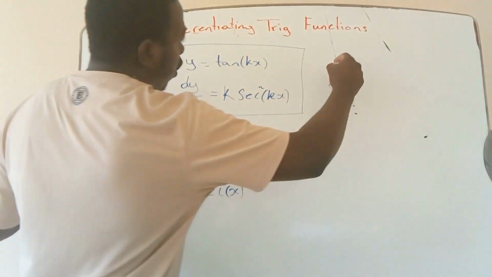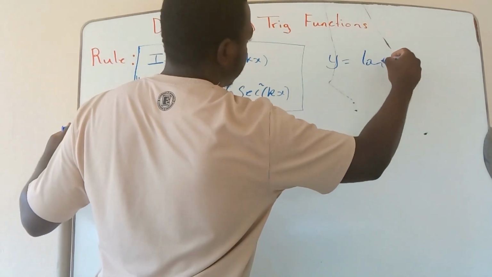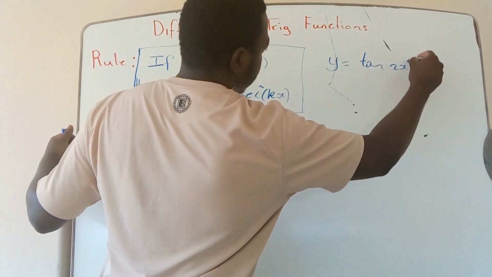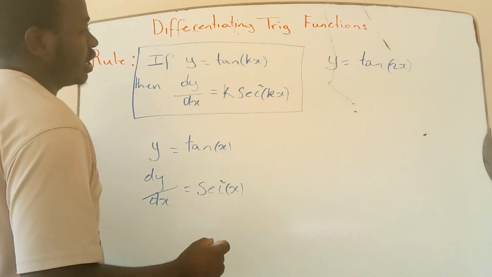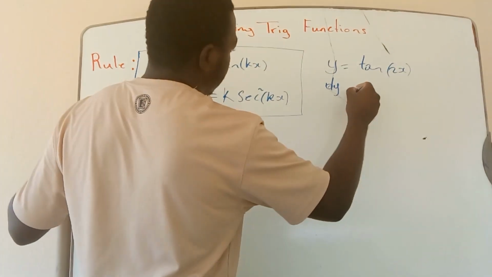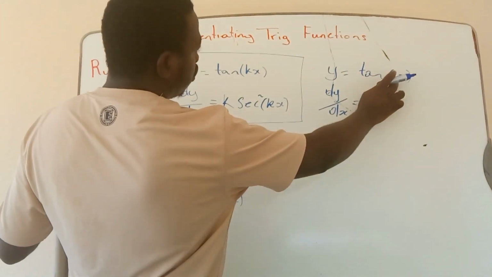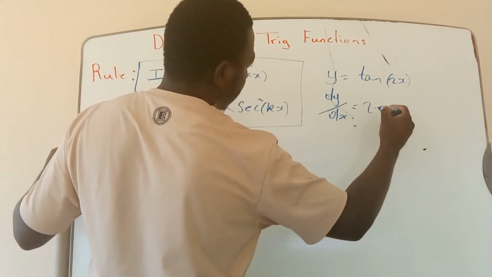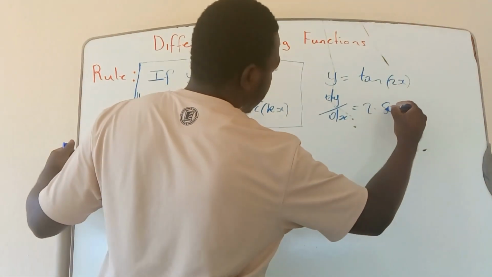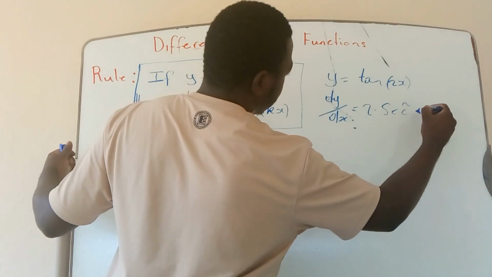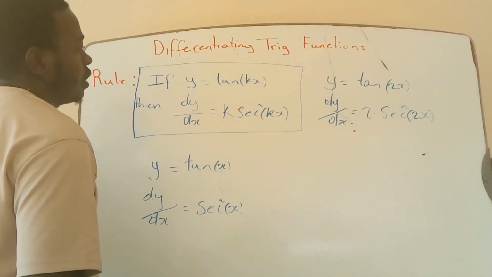Let's look at another problem. Let's say we have y is equal to tan 2x. Right? And you are asked to differentiate that with respect to x, then dy by dx is equal to, differentiate 2x, that gives you 2 times, differentiate tan 2x, that gives you sec squared 2x, sorry. And that's it. Let's look at another problem.